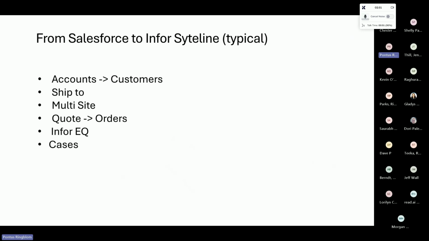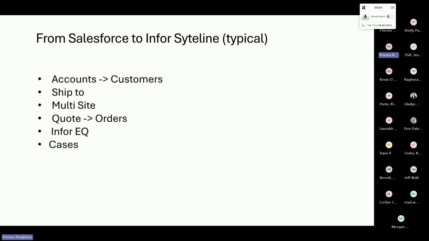Ship to, we see both there. People typically do, if you initiate the first account and you have a ship to record on that account that you want to create up front, we create it. But after that, we typically use Sightline to sync that back to Salesforce. But you can do both if you want to create them in Salesforce, but Salesforce doesn't really have a good way of doing it.